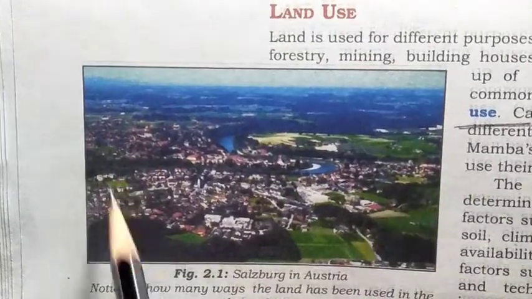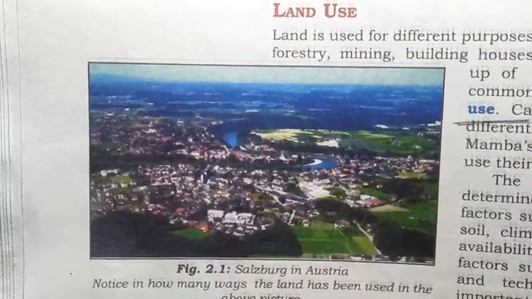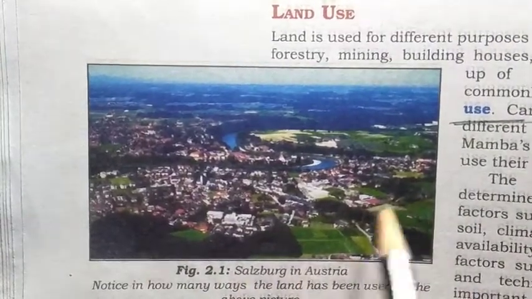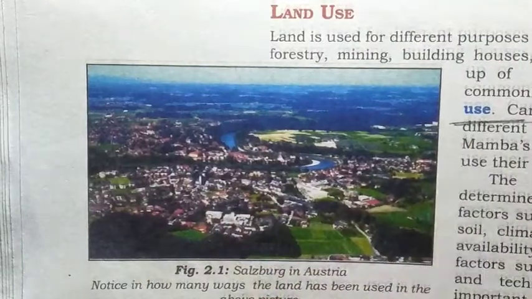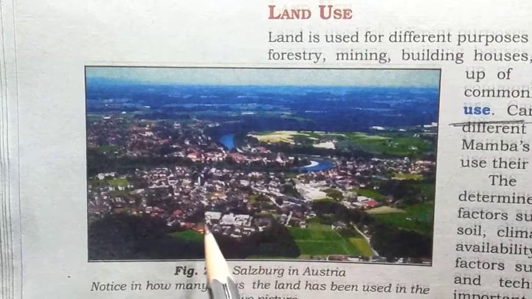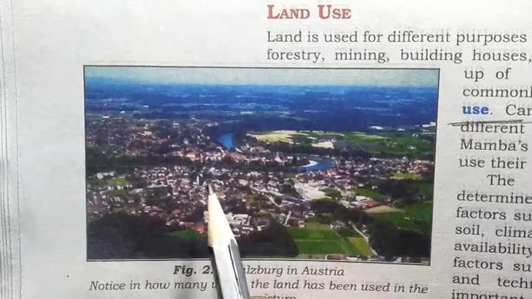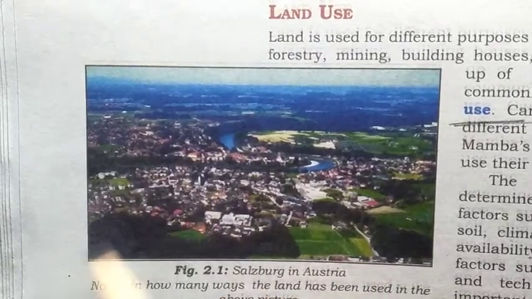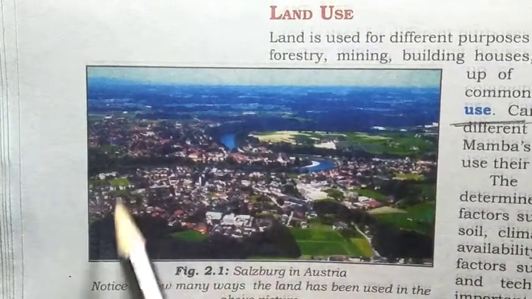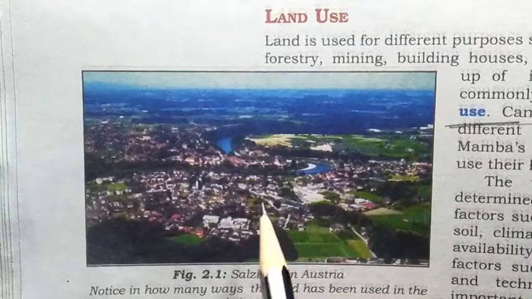Here it may not be so clearly visible, but if you take your book and look carefully, you can see this land mass. Somewhere you can see crop fields, somewhere forests, and so many buildings. Among these buildings, some may be our houses, some may be industries. So you can see land is used for so many different types of uses. That's the simple meaning of the word land use.